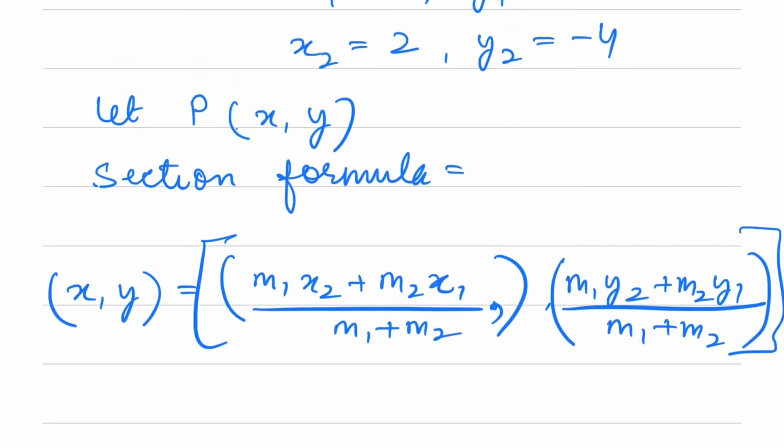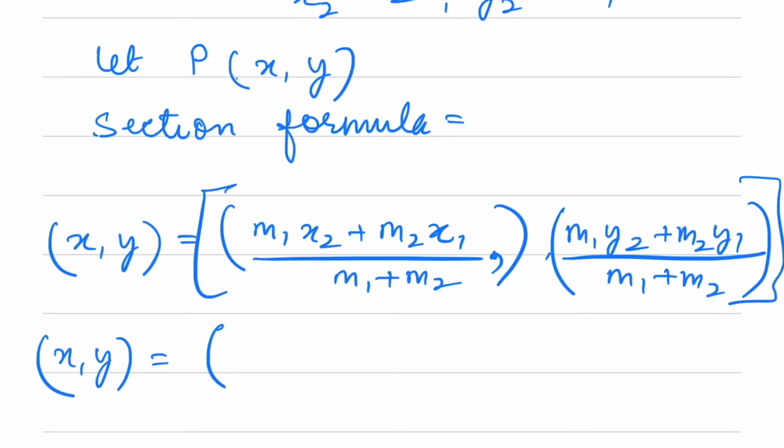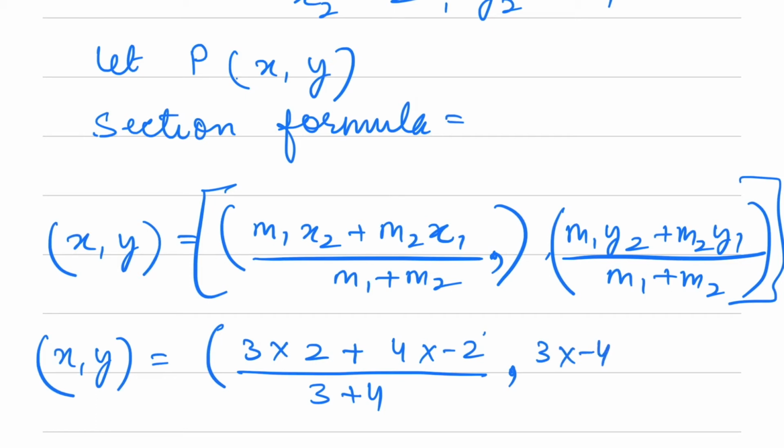Okay, now let's substitute the values here. So x and y will be equal to (3 into 2 plus 4 into -2) divided by (3 plus 4), then here we have (3 into -4 plus 4 into -2) divided by (3 plus 4).